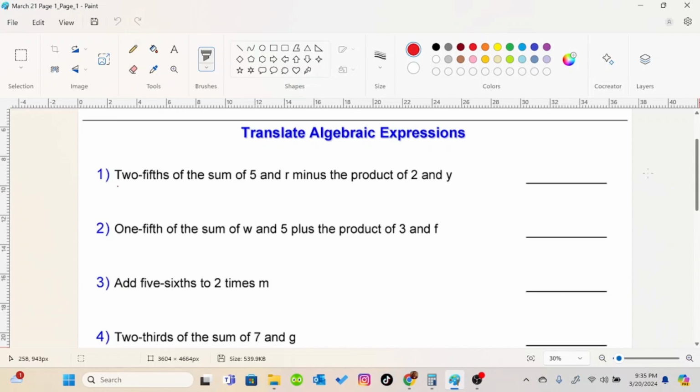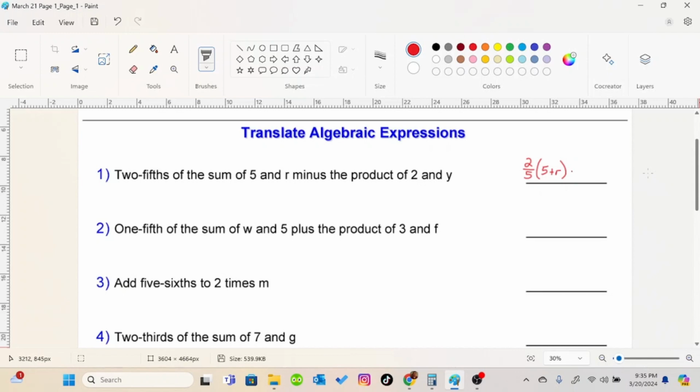So we are going to take 2/5 of the sum of 5 and r. So sum means add.